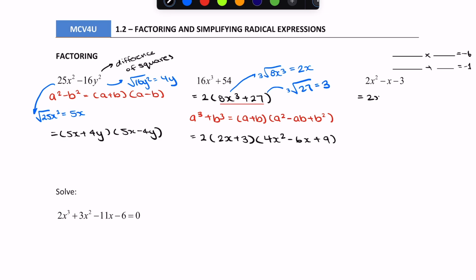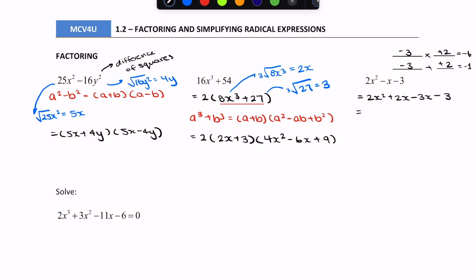So -3 and +2 are the factors we're looking at. We'll have 2x squared plus 2x minus 3x. Remember, these two are splitting apart that b value of -1, and then -3.